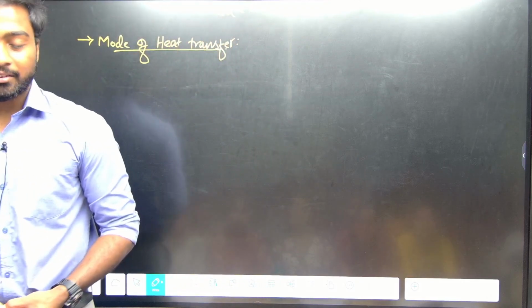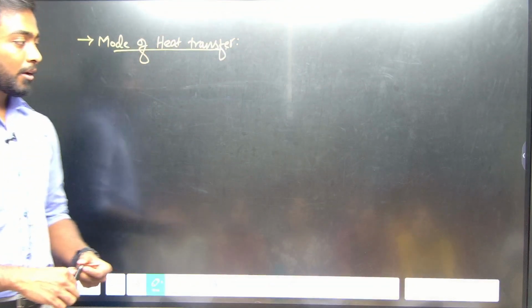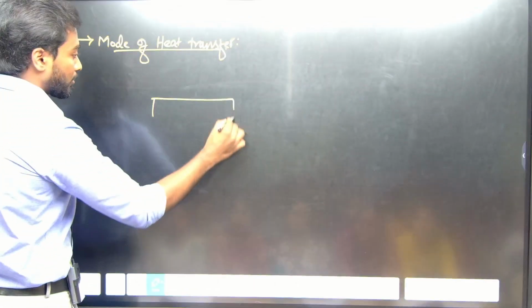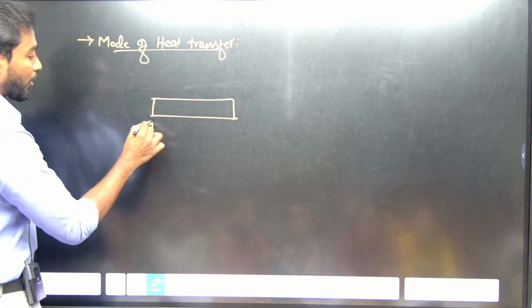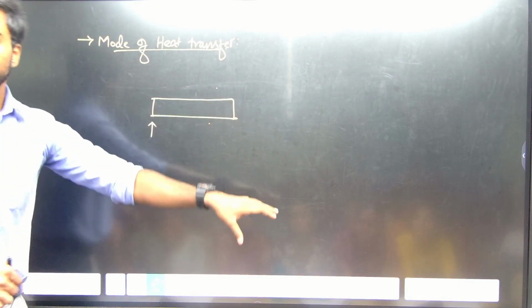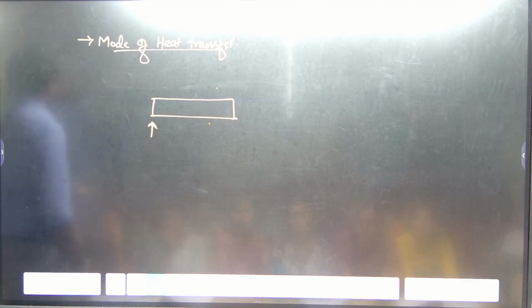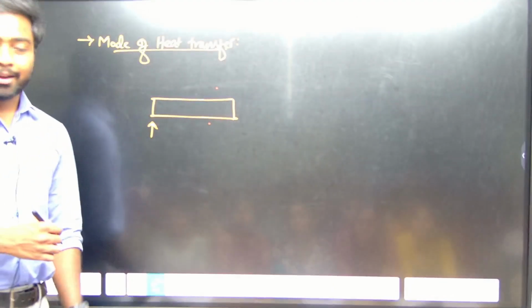Okay. So for example, solid iron rod, if I increase the temperature of the iron rod from this point, I am not keeping the total iron rod in the hotness, only this point I am increasing. What happens? It will transfer the heat slowly to the other end, right?